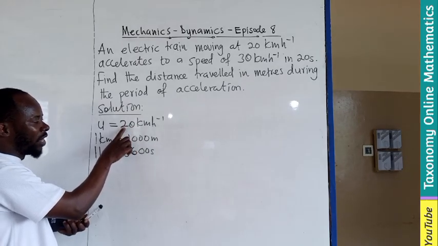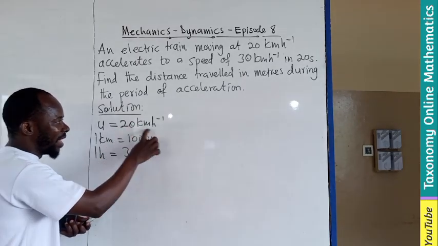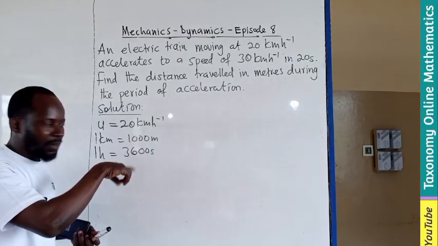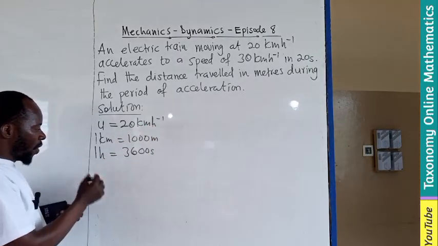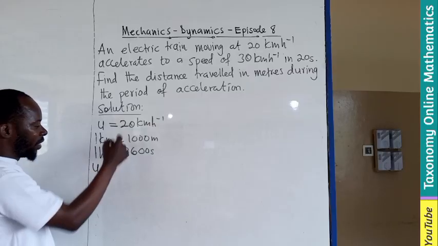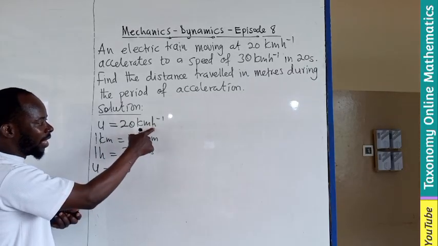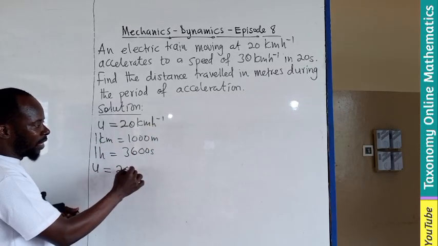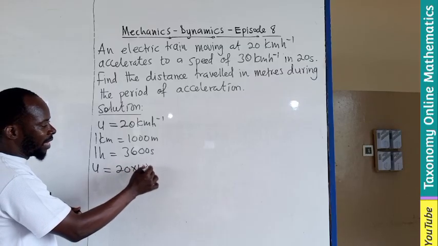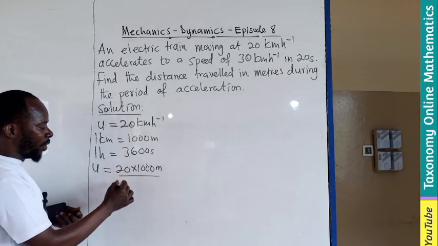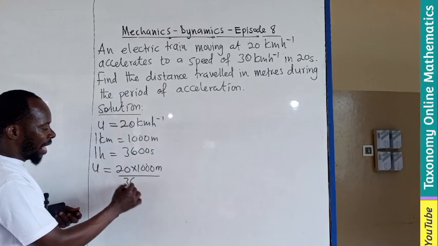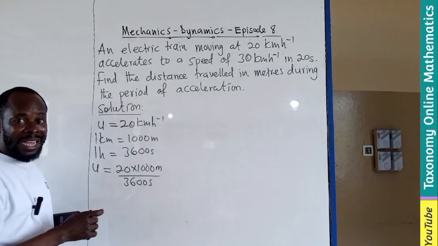So I am going to convert this. Remember, this is 20 kilometers divided by 1 hour. Therefore, your initial velocity is 20 kilometers, times 1,000 meters, divided by 1 hour, which is now 3,600 seconds.